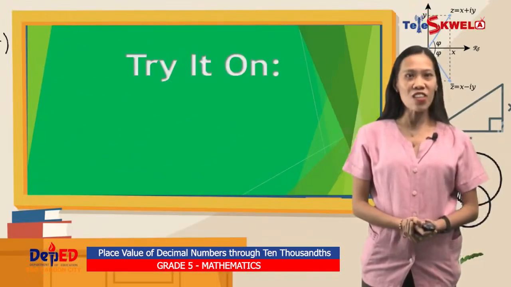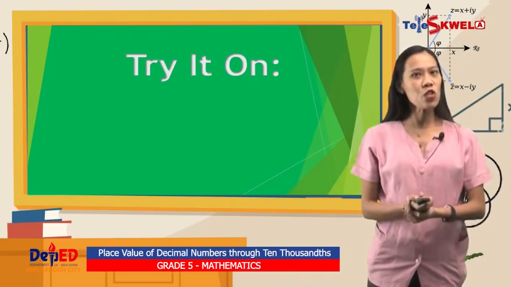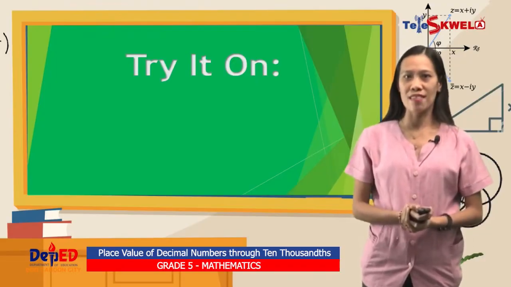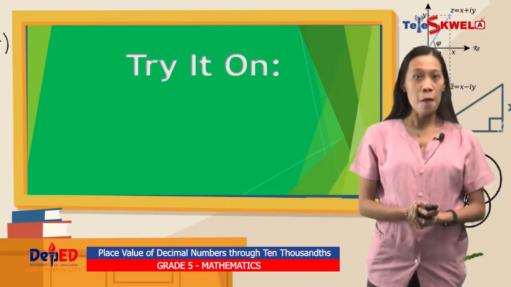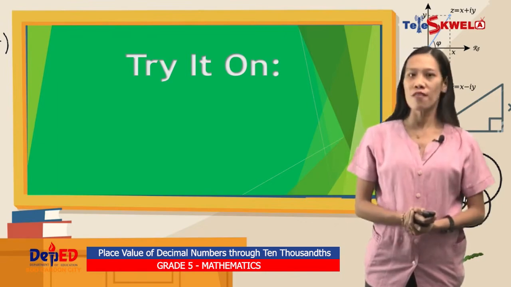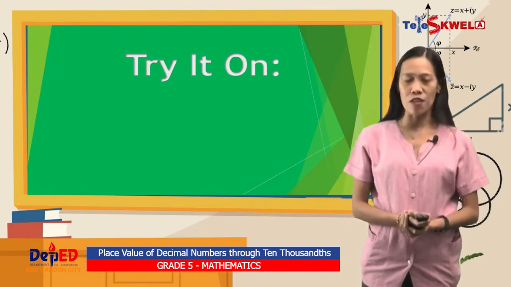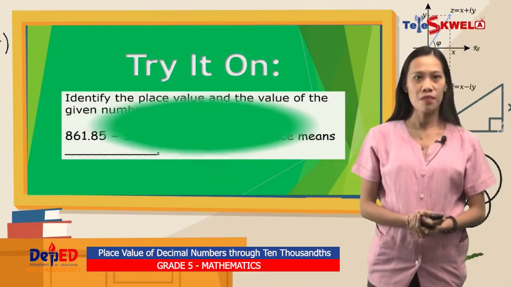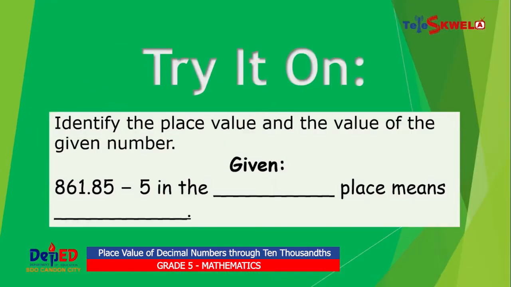Did you get it all correctly? To give you a chance to work on your own pace, try to do the following. But first, let's look at the given example of a correct answer for an item. Identify the place value and the value of the given number. This is the given.